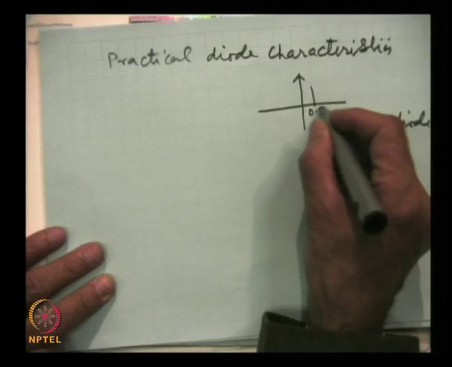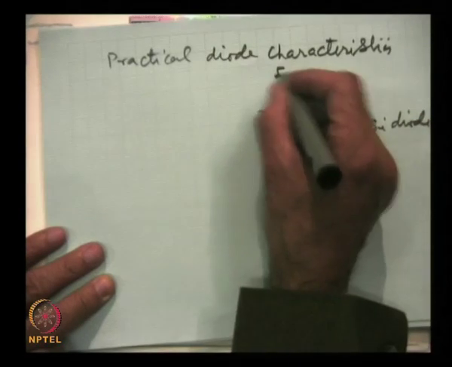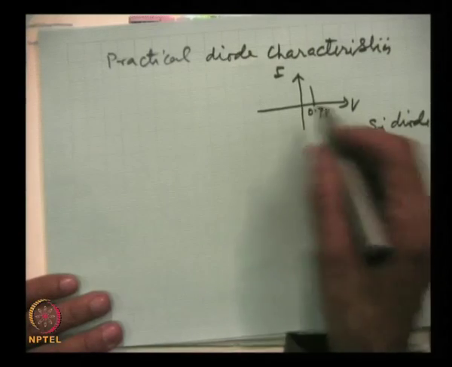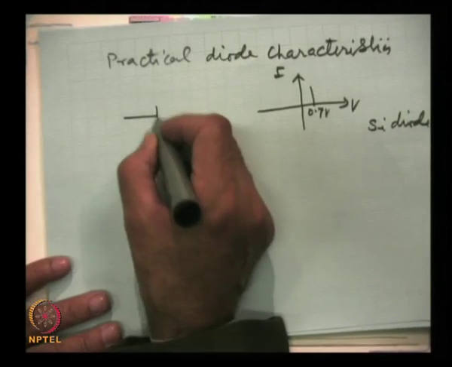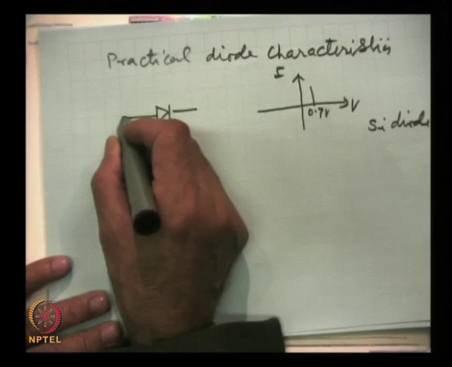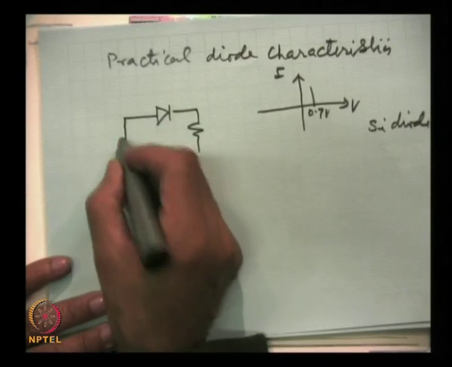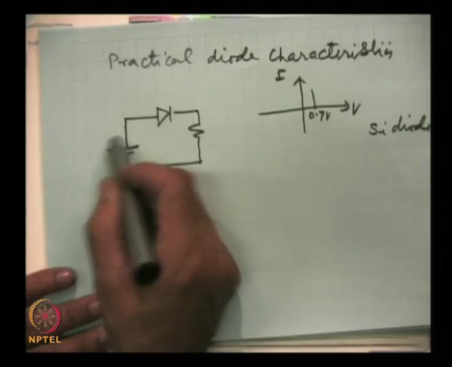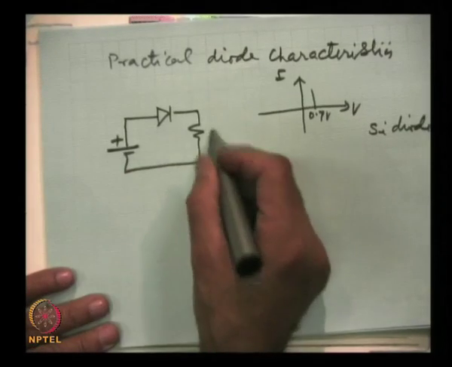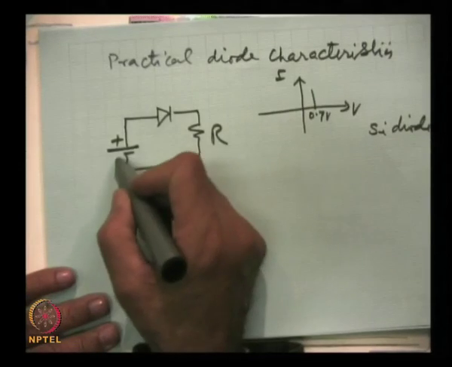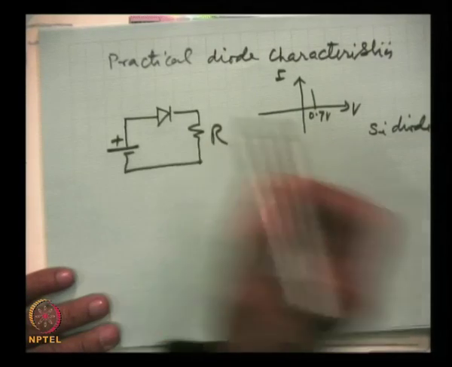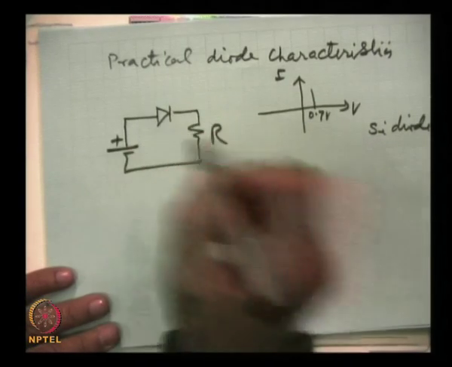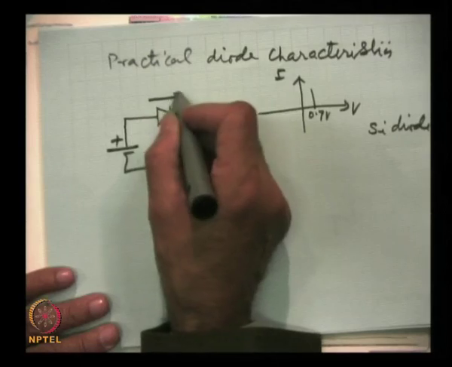This is taken as 0.7 volts, the diode drop in the forward direction. That means here, this is the forward bias diode, and when this voltage is above 0.7 or close to 0.7, then there is a drop across this.